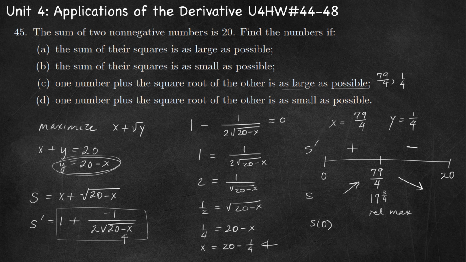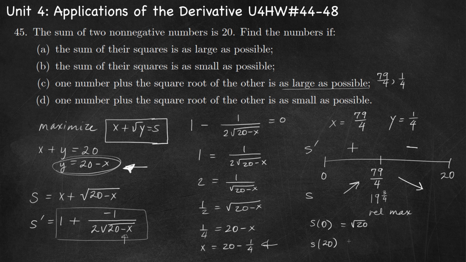Now to make this sum as small as possible, we're looking at one of these endpoints. So we need the sum at 0 and the sum at 20. So we go back to our original equation, which is right here. If x is 0, y is 20. So when x is 0, I would have 0 plus the square root of 20.